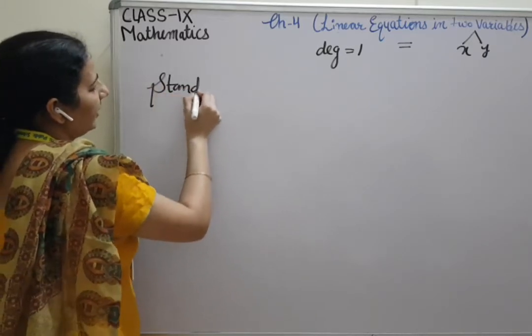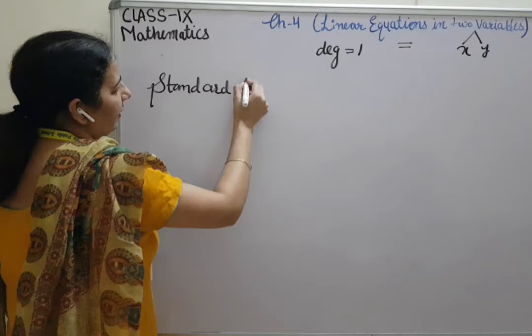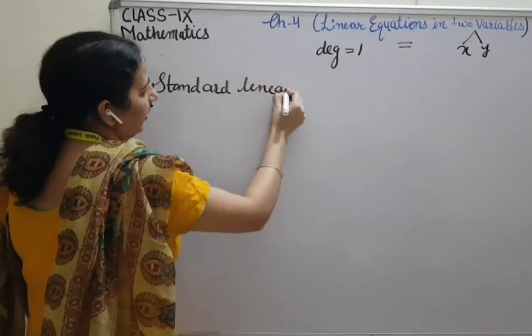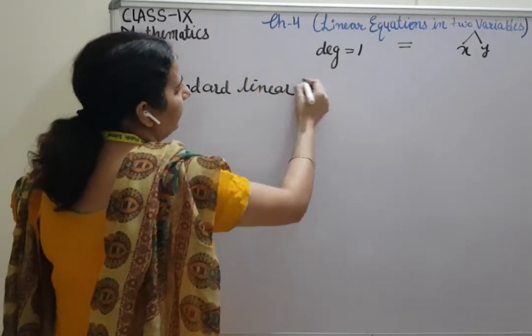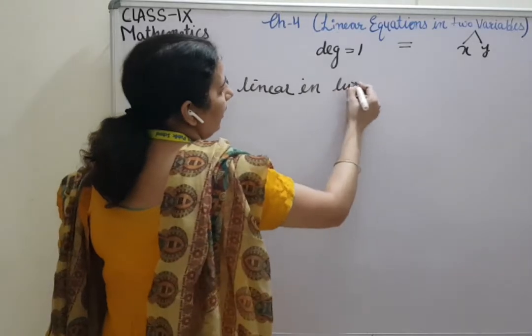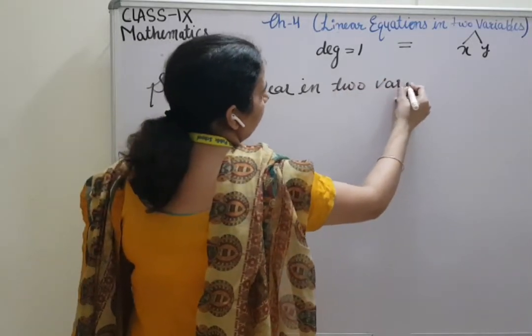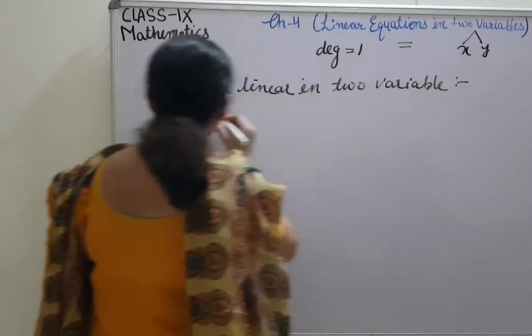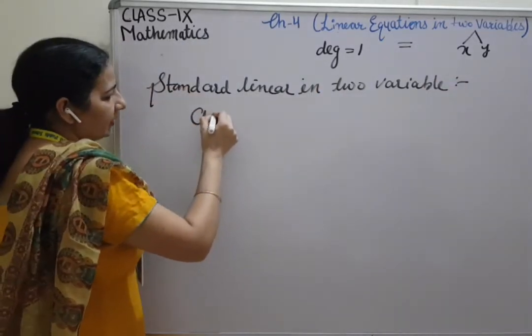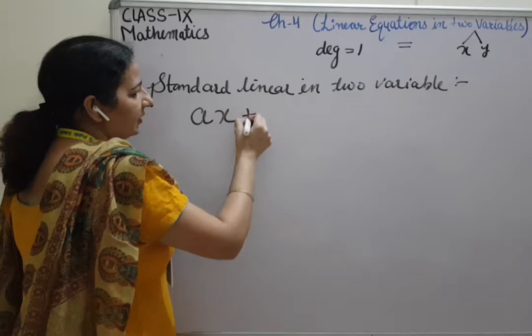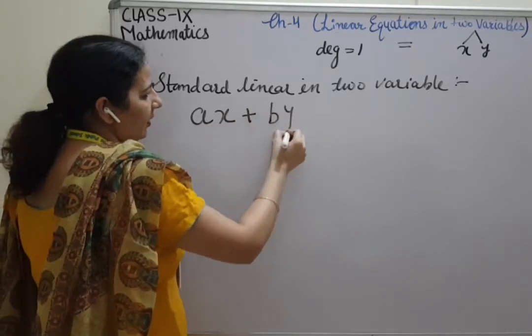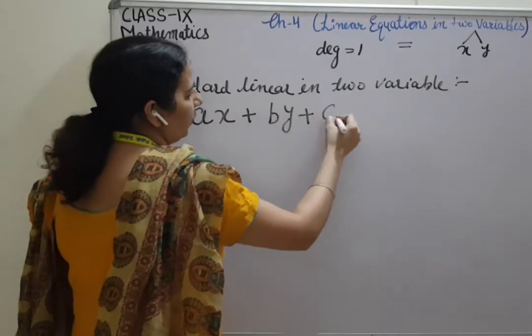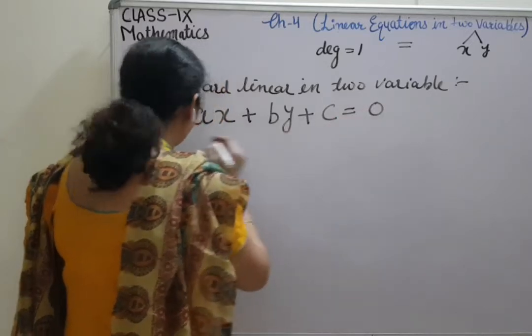And the standard linear equation in two variable is ax plus by plus c is equal to 0.